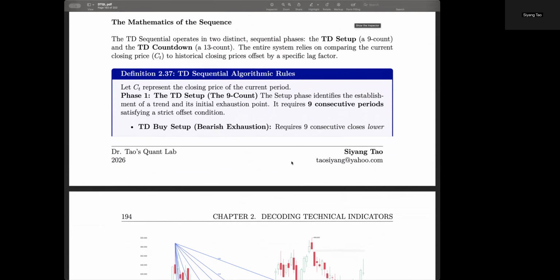The system is divided into two distinct phases. The first is the Setup 9, which measures immediate momentum exhaustion.